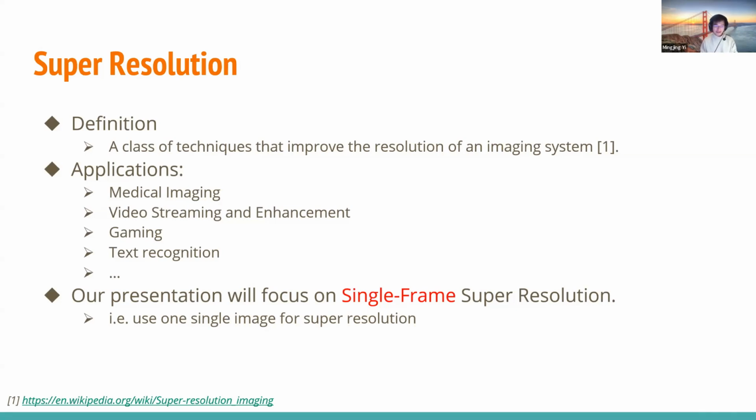We can also have text recognition and many, many more in the field of computer vision. As you can see, there are many applications that use streaming, which is videos or multiple frames. But our presentation here will focus on single frame super resolution, which uses only one single image as the input for processing.